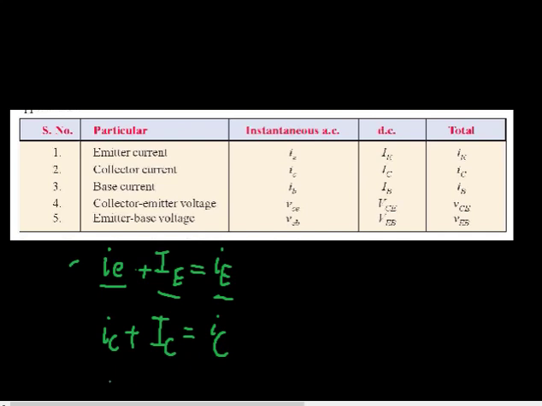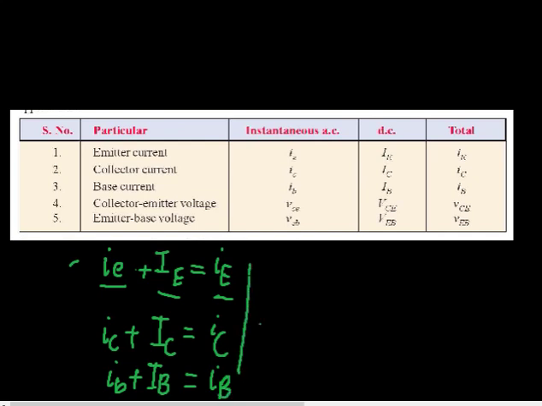And similarly for base current, we can have this representation. Small ib represents the instantaneous value or the AC component of the base current, capital IB represents the DC component of the base current, and this one represents the total base current.